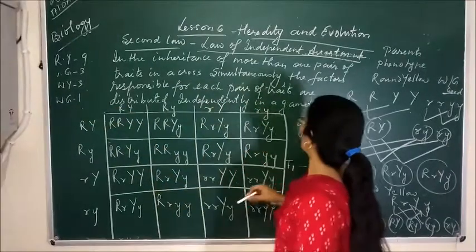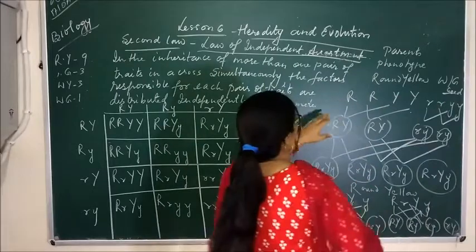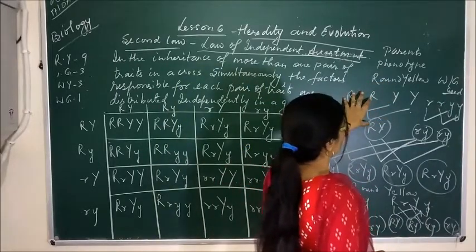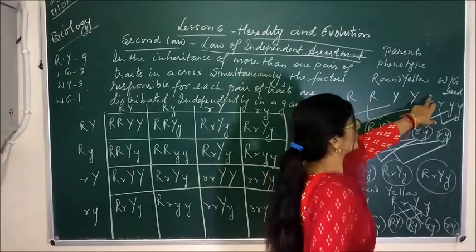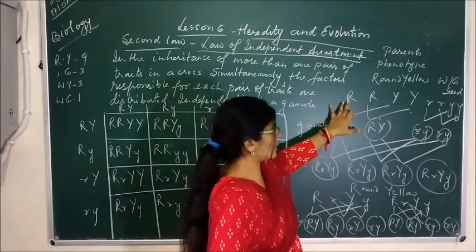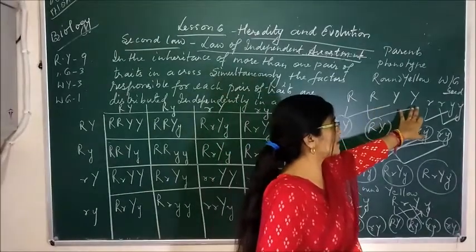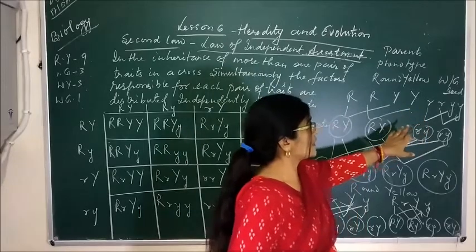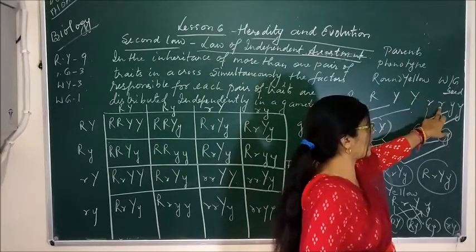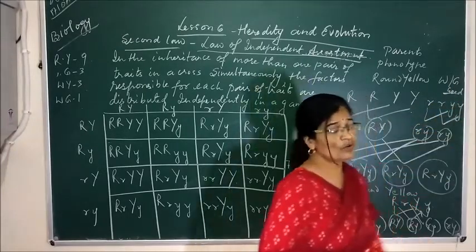By this chart we can easily explain this. Here I have written the phenotypic ratio of the parents, that is the round yellow and wrinkled green seeds. Round is indicated by capital R, and yellow is represented by capital Y. In the same way, wrinkled shape is represented by small r, and green color is represented by small y.